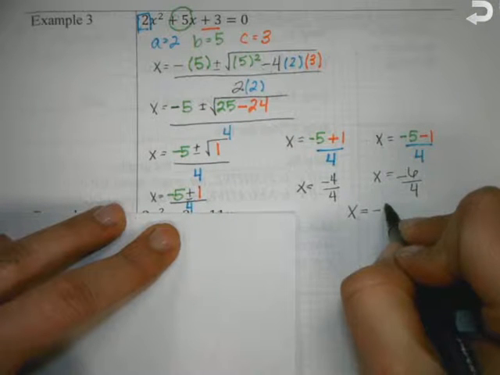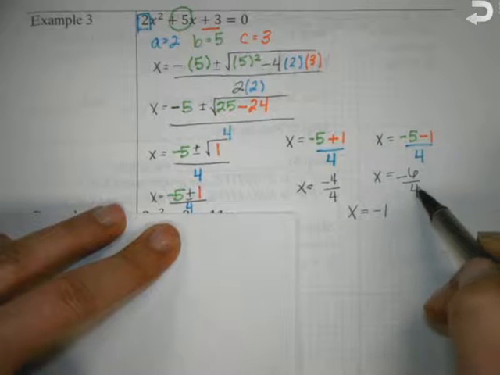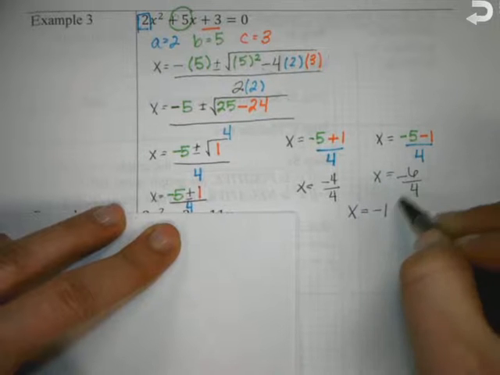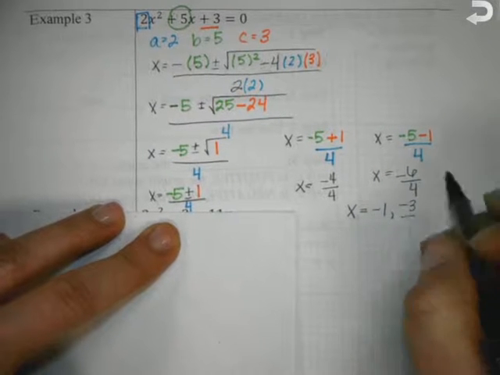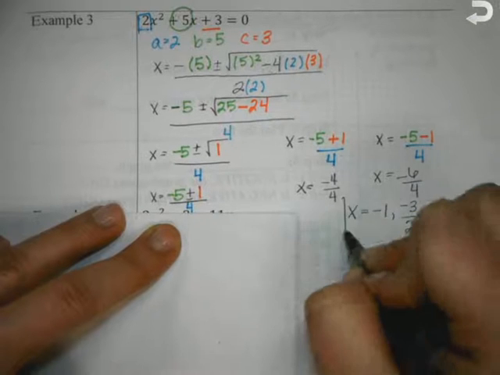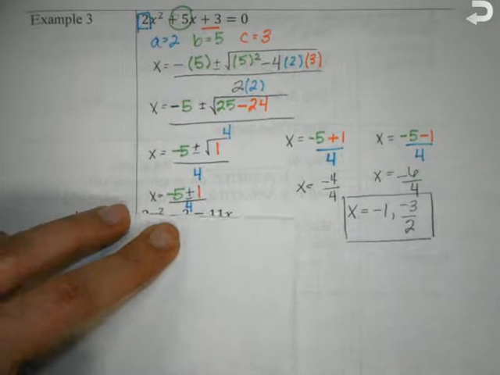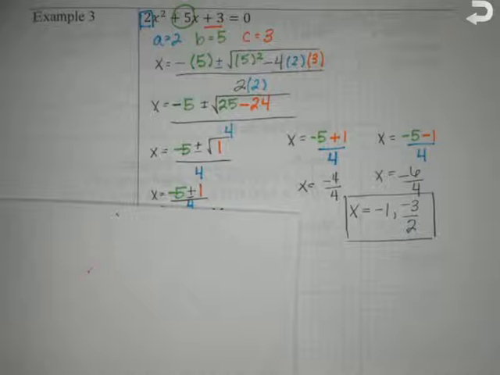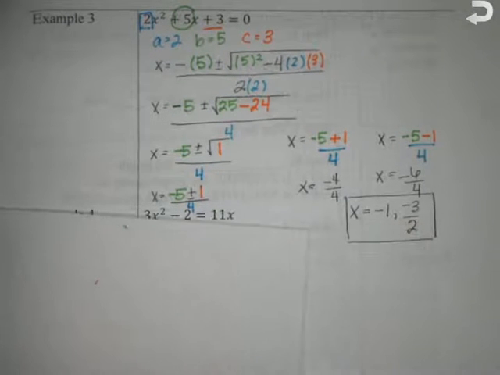By 2. 2 goes into negative 6. Negative 3 over 2. So, sometimes you will actually be able to list 2 answers because the radical reduces all the way down. If, like in example 1, it stays a radical, you can leave your answer as we wrote it. Okay?